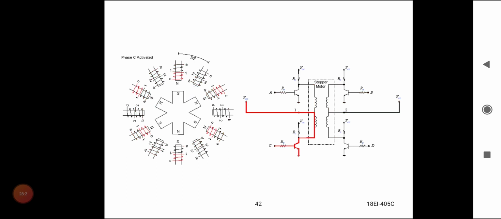The rotation of the alignment between the stationary pole and the magnet causes the excitation of the winding of the particular poles, that causes one step, one of the discrete steps of rotational revolution of the stepper motor.